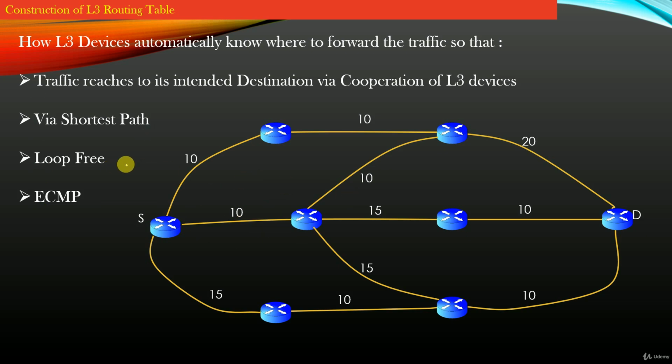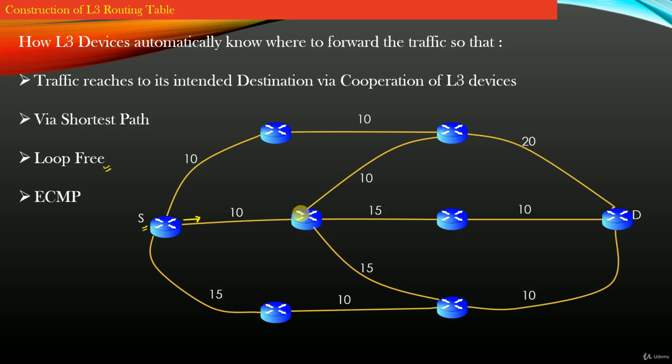So let me take one more example to demonstrate how a loop can occur in a network topology. Suppose the router S wants to send traffic destined to the router D, and it has a layer 3 routing table entry which says that, hey router, if you want to send the traffic destined to the router D, you should send the traffic out of this interface, right?